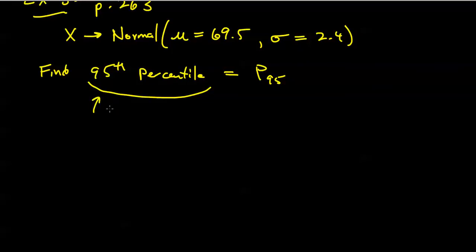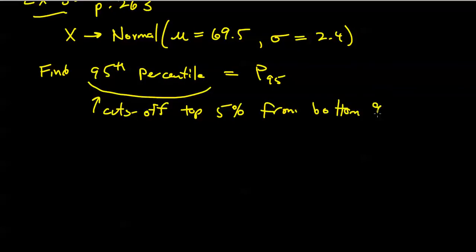Let me write that down. It cuts off the top 5% from the bottom 95%. If you've scored in the 95th percentile, that means 95% of men's heights are less than yours, right?